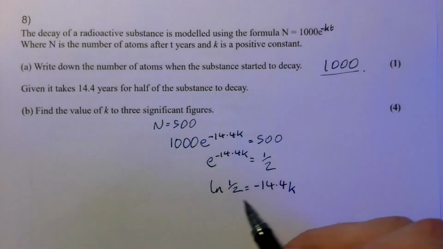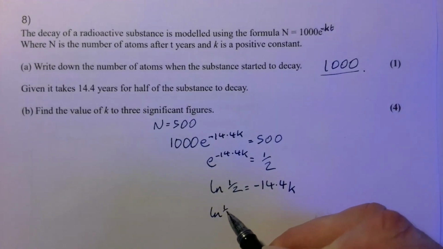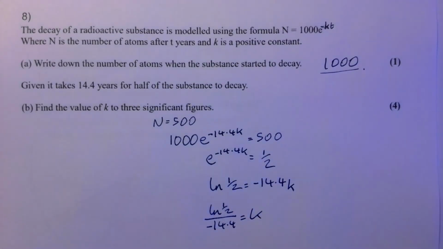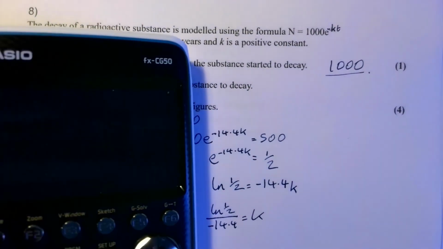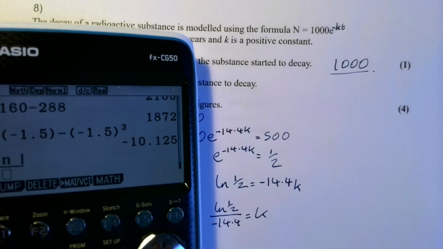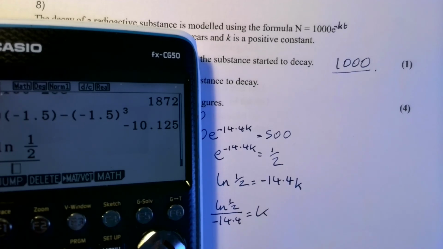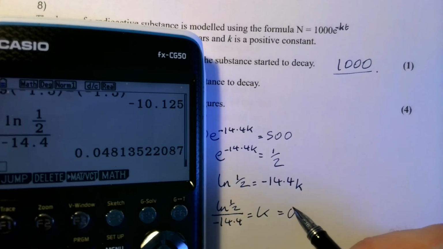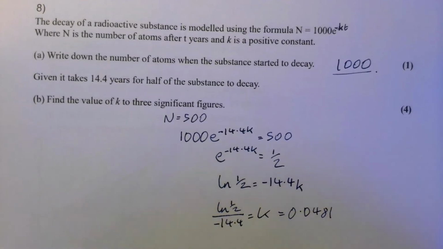So therefore, if I divide by negative 14.4, ln half over minus 14.4, that should equal k. So let's pop that into the calculator. ln 1 over 2, I could have put 0.5, negative 14.4 equals, and that's giving me 0.0481 to 3 significant figures.